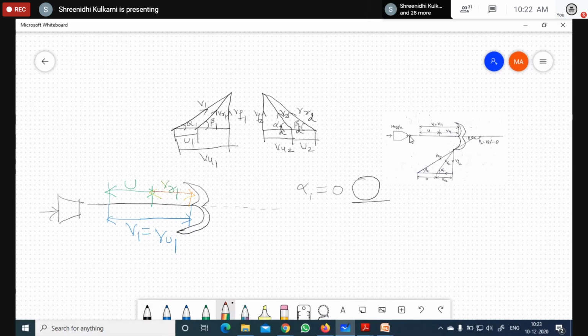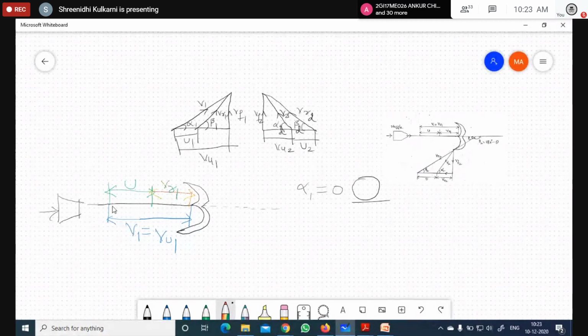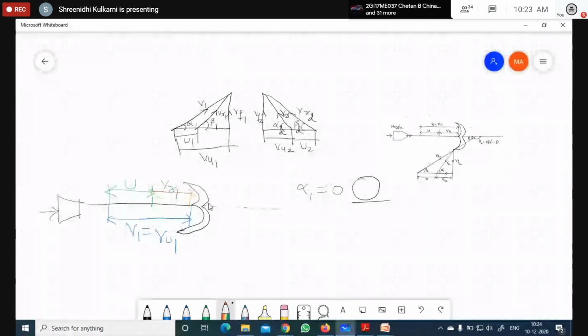But here, if the nozzle alpha 1 itself is 0, then it will become a straight line. So there is no alpha 1 and no beta 1 at inlet. It will become completely 180 degrees, a straight line. I hope you understood.